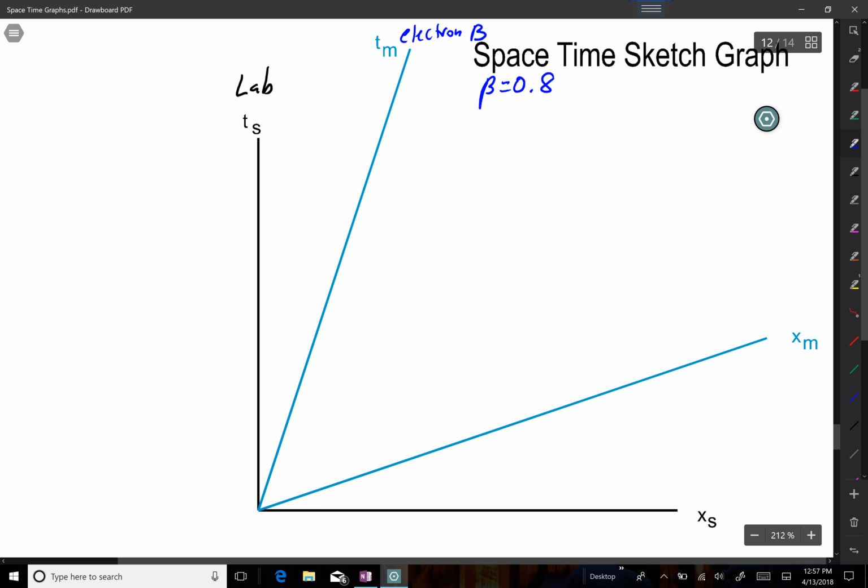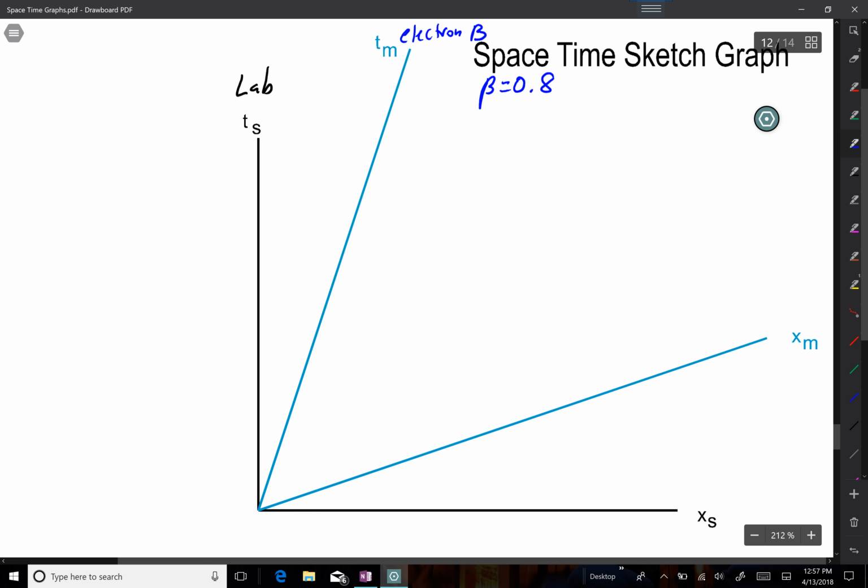So now we can put in a world line for electron A, and there's the world line for electron A. It's going a little bit faster than electron B, so it has a little lower slope.